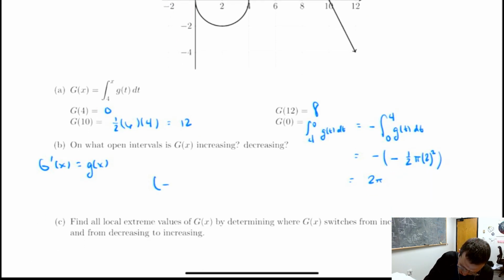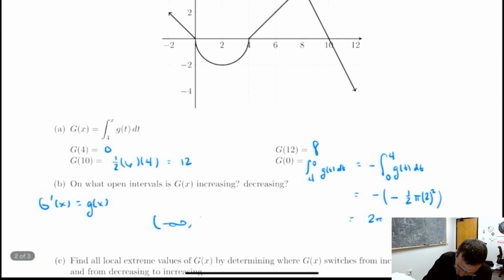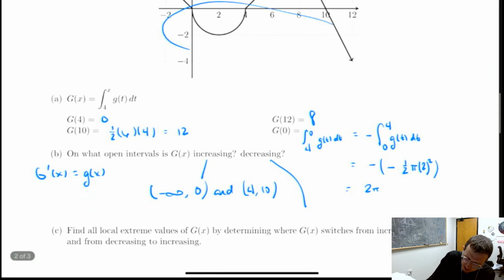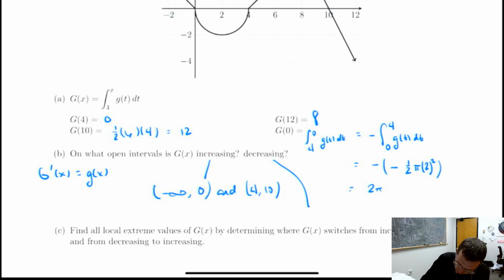So negative infinity to 0 and 4 to 10. And capital G is decreasing where its derivative is negative, which happens on 0 to 4 and 10 to infinity.